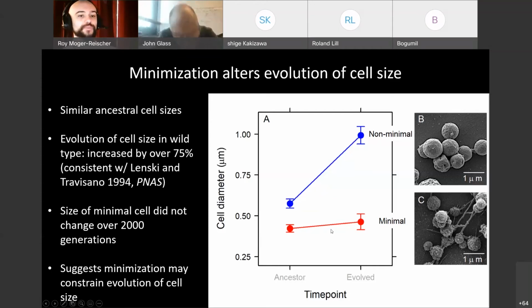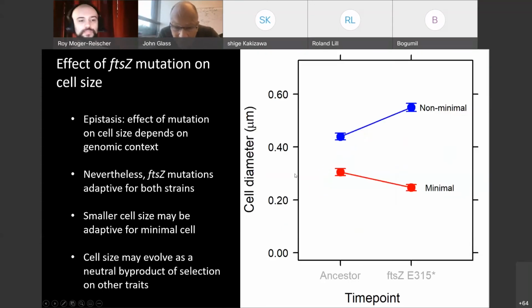And what we did was with those cells, we again looked at them under the microscope, and this is what we found. The FtsZ mutation caused an increase in cell size in the non-minimal SYN 1.0, but actually slightly decreased the size of the minimal cell, suggesting that yes, indeed, these FtsZ mutations account for, at least in part, the evolved divergence in cell size for these two strains.